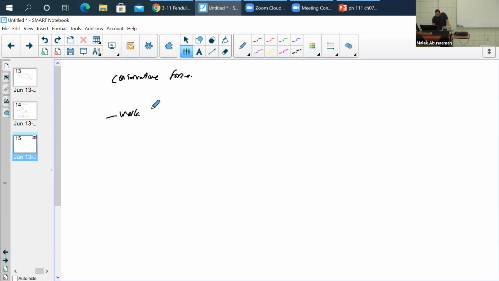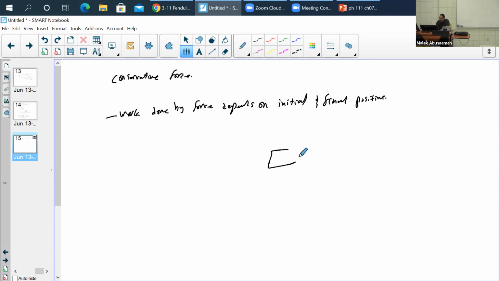Conservative work: the work done by a force depends on the initial and final positions.